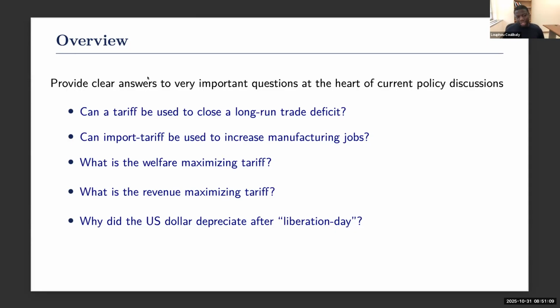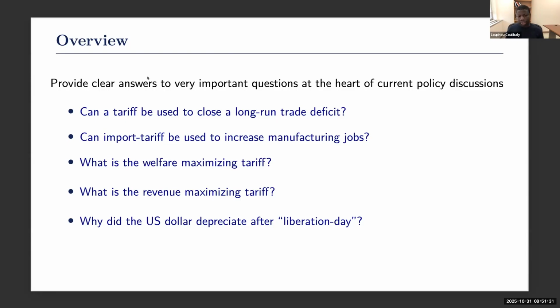So what the paper does is provide clear answers to very important questions that I think are at the heart of the current policy discussions. The main questions the paper is trying to address are whether a tariff can be used to close a long-run trade deficit.